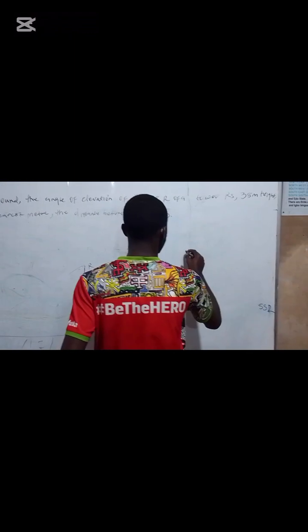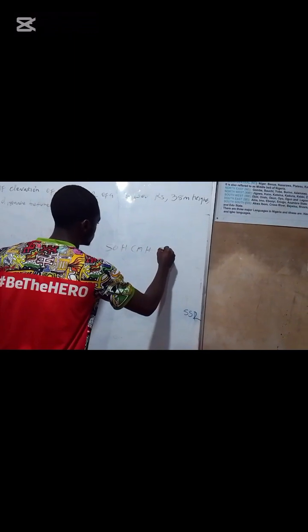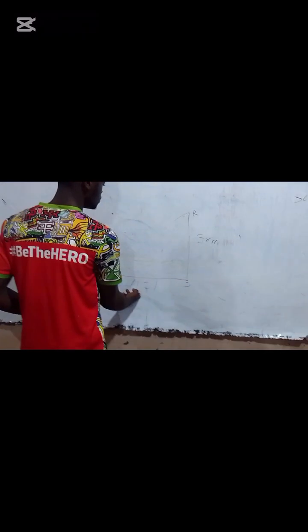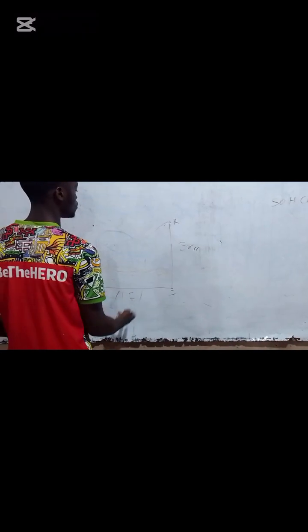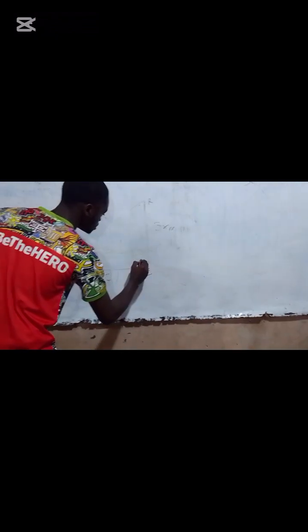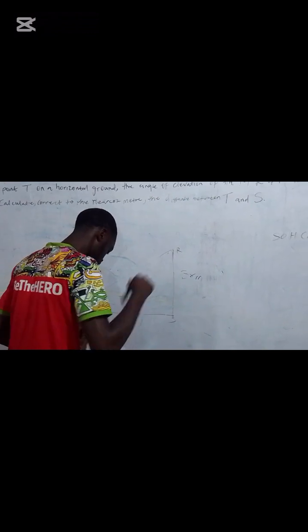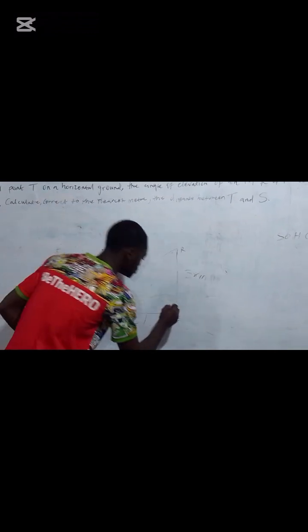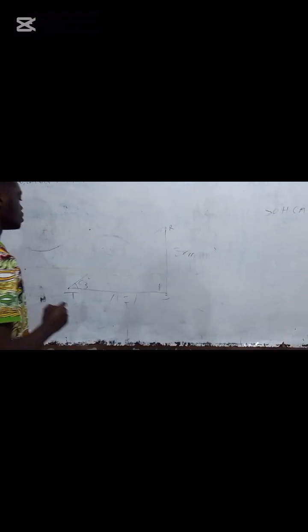So using SOHCAHTOA, this is TS, the particular side we are looking for of this triangle. This is a right-angled triangle. Remember, this is our 90 degrees.